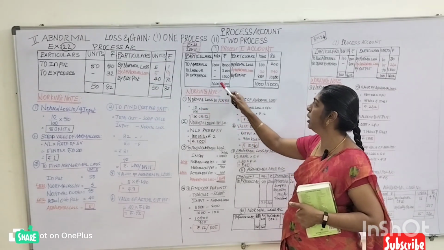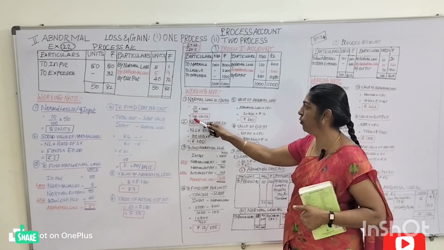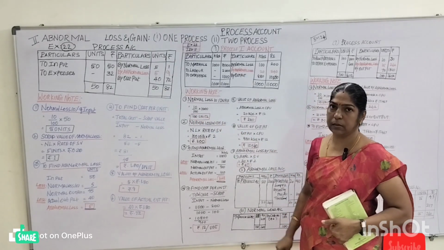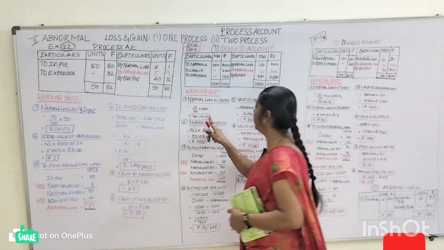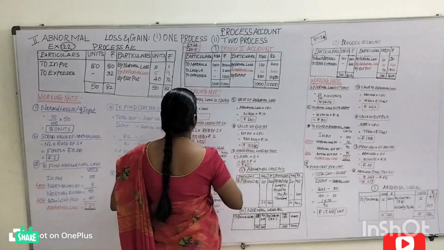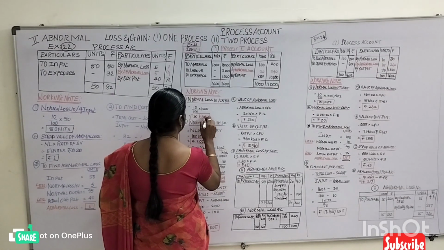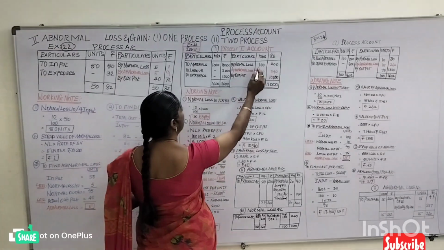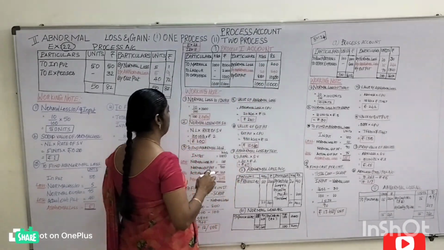How much input did they introduce? 1000 kgs. Into 1000 kgs, after cancelling, you will get 100 units normal loss. That is 100 kgs. So 100 kgs normal loss we are going to enter on the credit side. By normal loss 100 kgs entered.